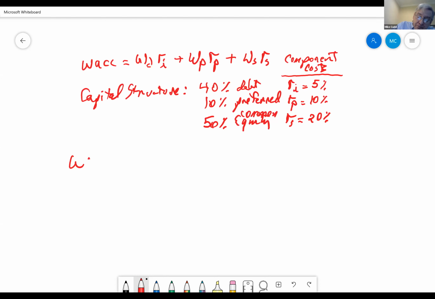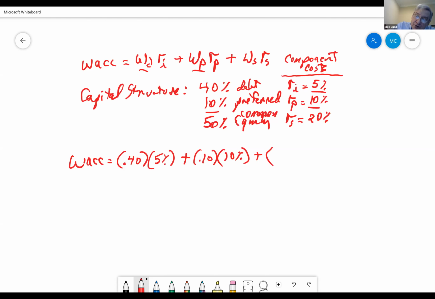So our WACC would be the weight for debt, which is 40%, times the 5% we need to earn on debt, plus the weight for preferred, which is 10%, times the 10% return we need to earn on preferred, plus the weight for equity, which is half, times the required rate of return on our equity funds.